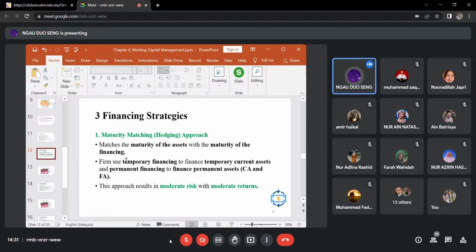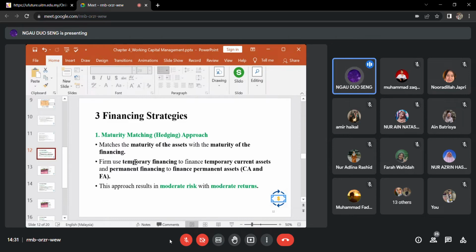So the firm uses temporary financing to finance temporary current asset, right? And permanent financing to finance permanent asset. So this approach results in a moderate risk with moderate return.